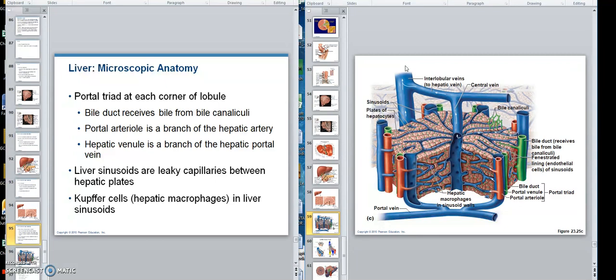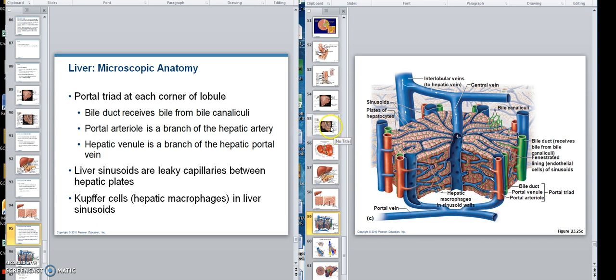Okay? Now that's venous. What about the blood supply to keep the cells living? Now we're here. This is the portal arteriole. This is the one that's going to give the blood supply.